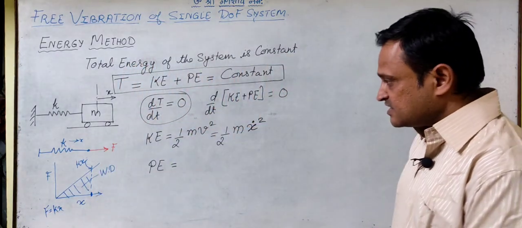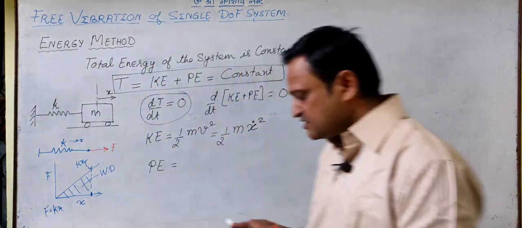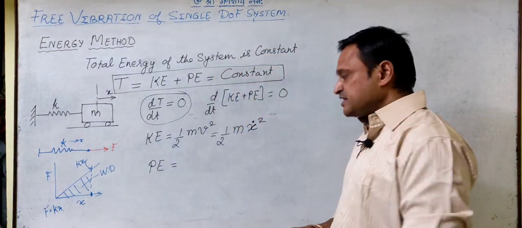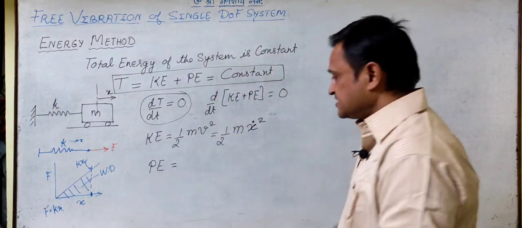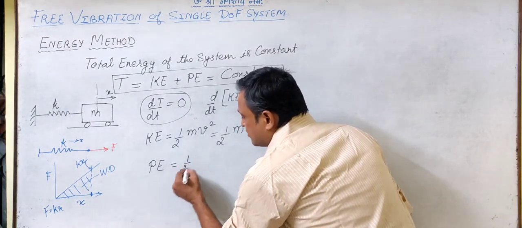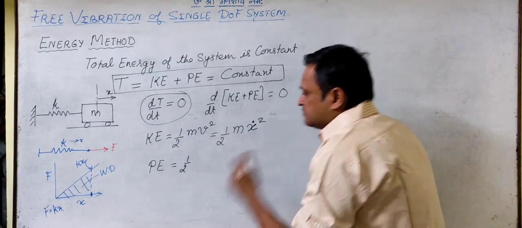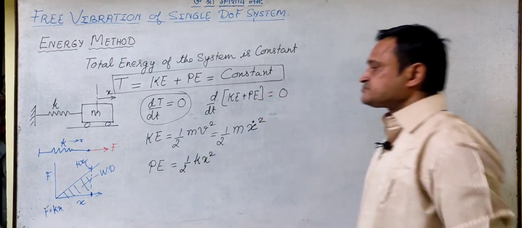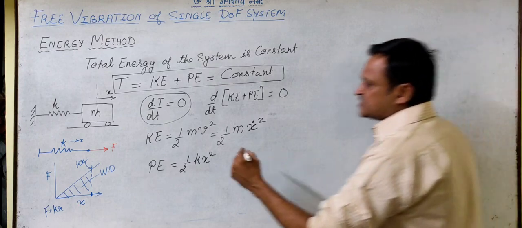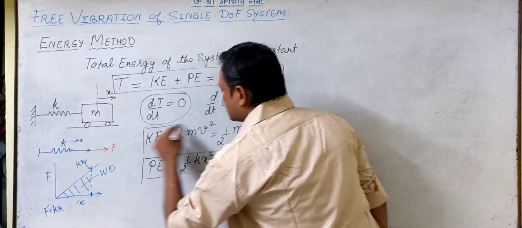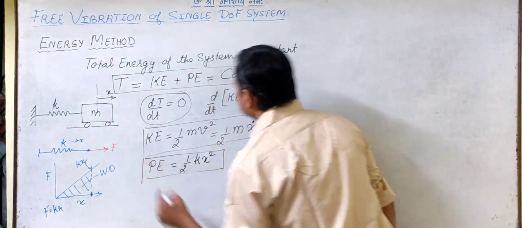So that means half base into height will be the work done, which will be the potential energy. So this potential energy will be half kx square. Fine. So we get the potential energy expression as this, and the kinetic energy expression as this.